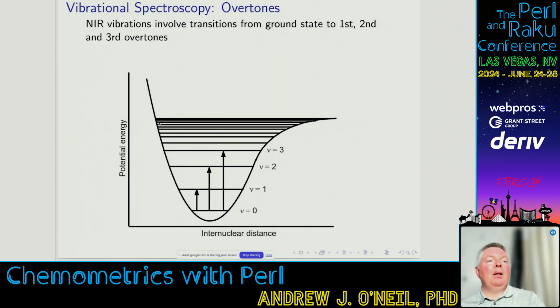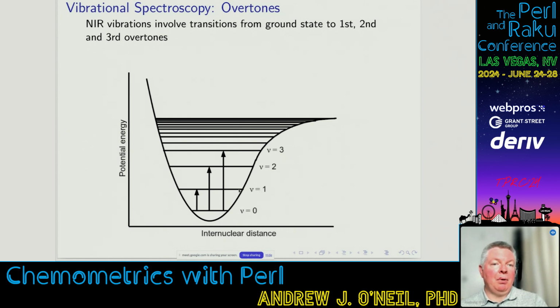So this slide here just shows the vibrational transitions involved. This is the textbook potential energy, and then the distance between the bond, which is going to be like a carbon and a hydrogen, or an oxygen hydrogen, or a nitrogen hydrogen. And you can see the V, the ground state here, naught.